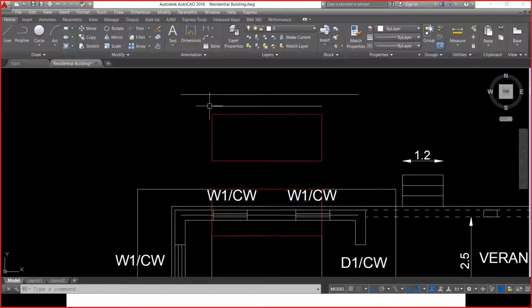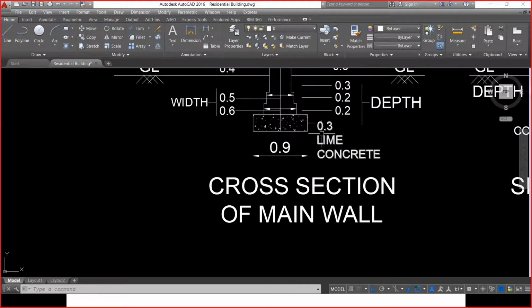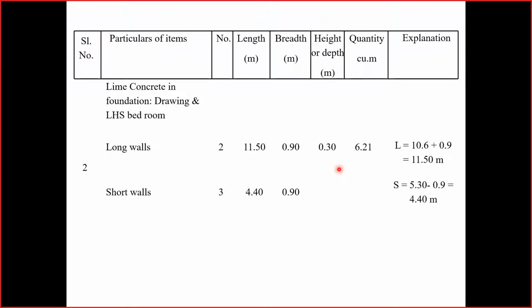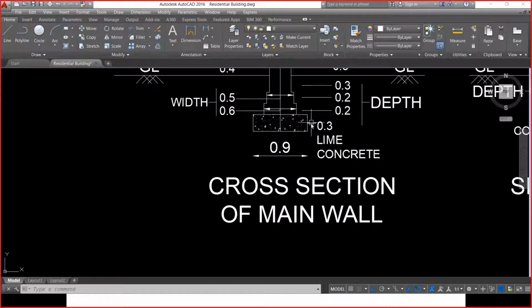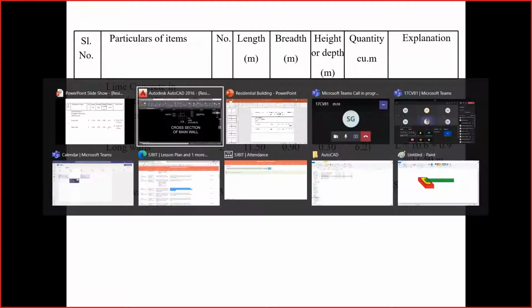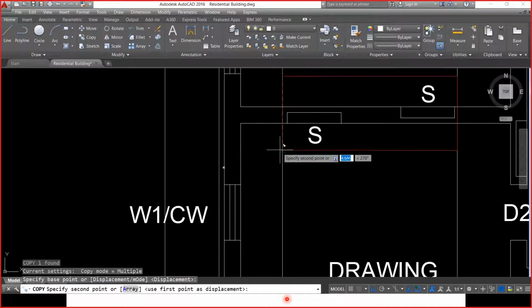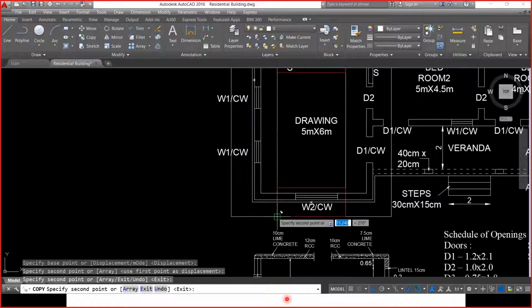Once I know the actual length, 4.4 meter, multiply that with the width. Width of the rectangle is nothing but width of the lime concrete layer. So width is the same 0.9 meter and thickness is also the same. Thickness of layer of lime concrete is the same 0.3 meter. Now the total quantity is the product of these things. 3.56 meter cube of lime concrete is required in order to lay the first layer of lime concrete.